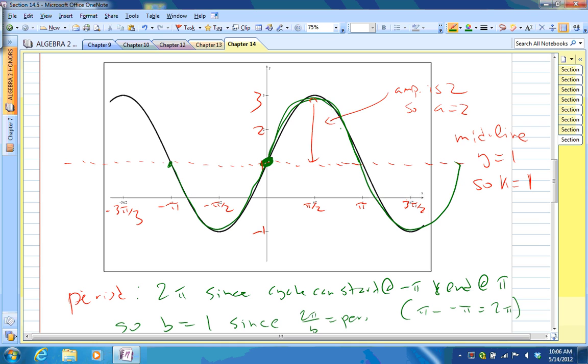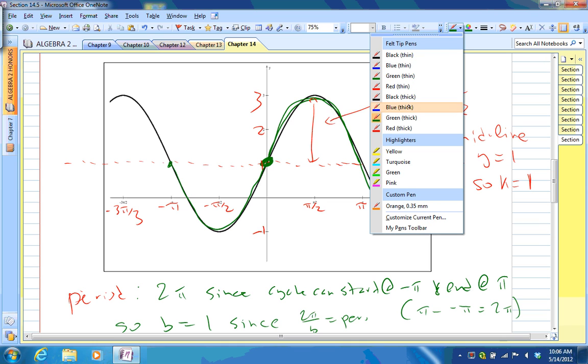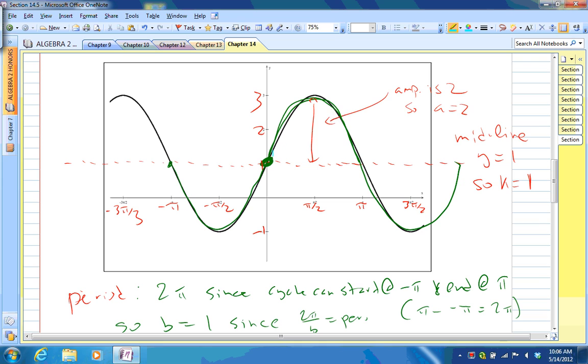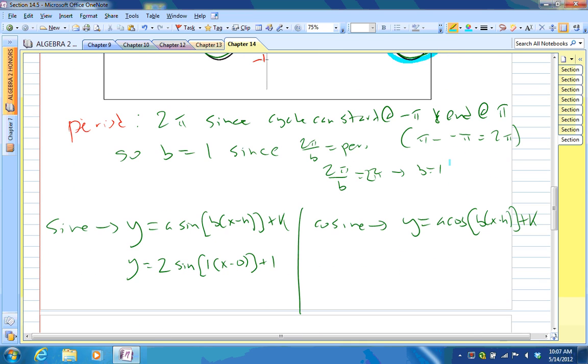Let me actually try a different color here. Or actually highlight it. So we use turquoise. That's how sine's supposed to look. It's always supposed to start at the midline, go up, then down, then back up again. So it seems there's no horizontal shift. That's why I put h is 0. And b is 1, because we found that earlier.